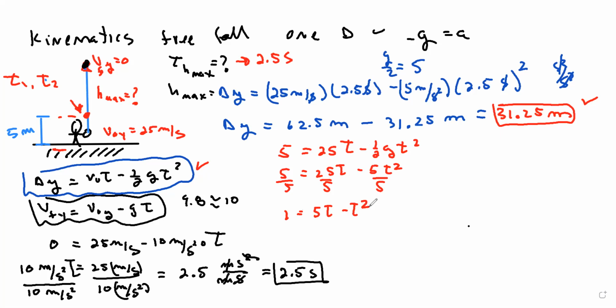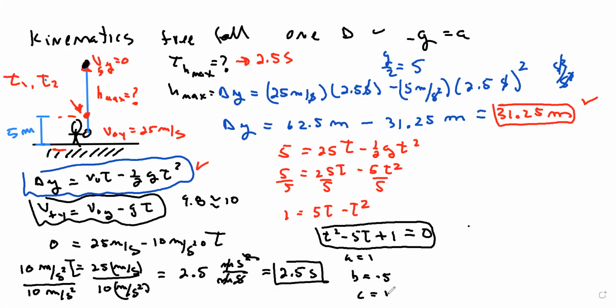And we can say that this is a quadratic. It's going to be t squared minus 5t plus 1 is equal to 0. And remember that a is going to be equal to 1, b is going to be equal to minus 5, and c is going to be equal to 1.